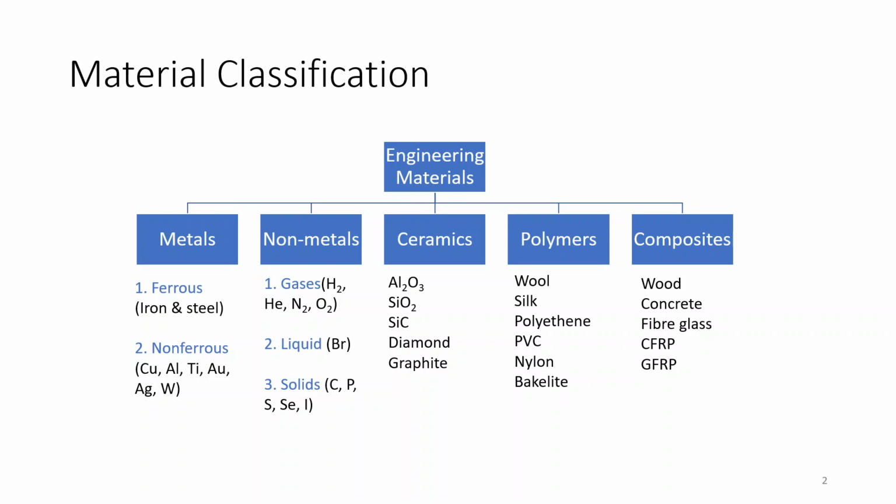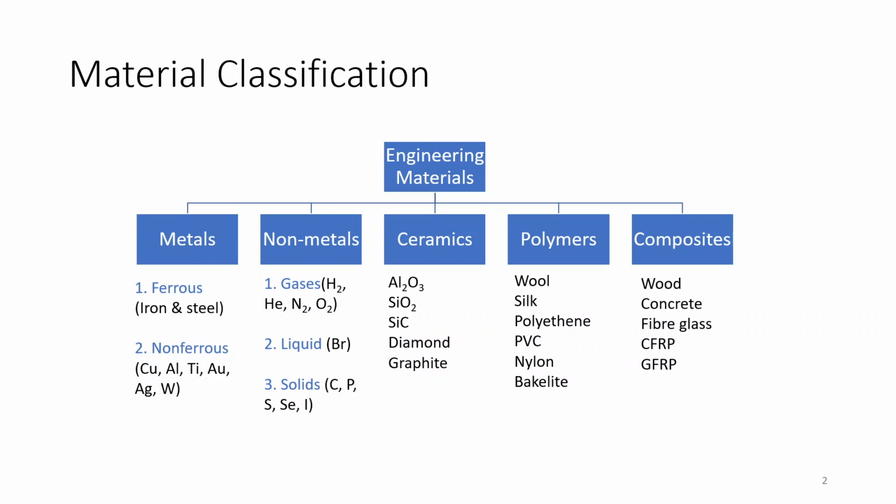Ceramics can withstand higher temperatures compared to metals and polymers. Next, you have polymers. These are basically hydrocarbons, and natural ones can be wool and silk, and man-made can be polyethylene, PVC, nylon, bakelite, etc.